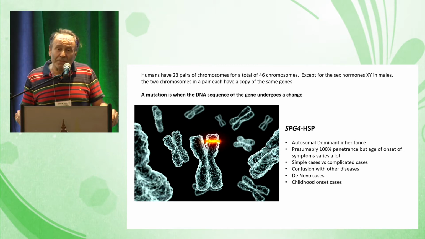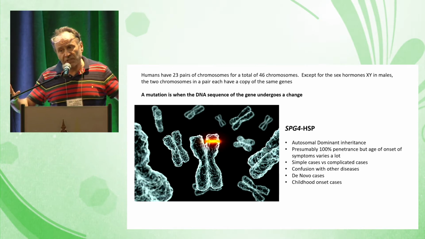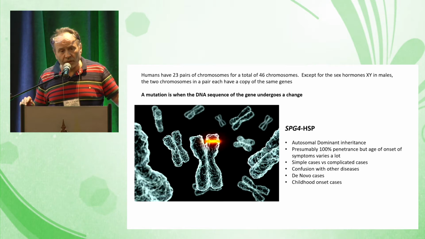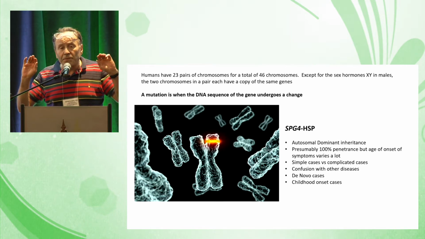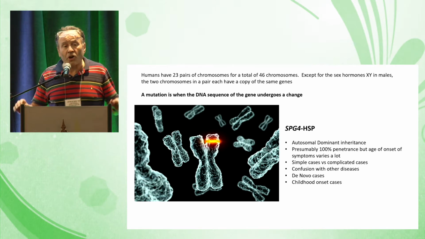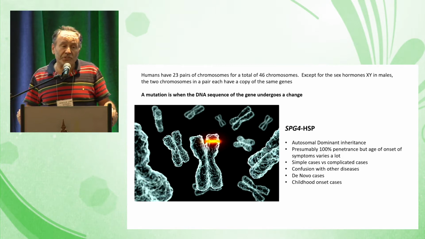So if you've got hereditary spastic paraplegia in your family, at some point along the way, a grandparent, great-grandparent, great-great-great-grandparent, someone had a spontaneous mutation in the Spast gene, and that caused hereditary spastic paraplegia, and that was passed on through the generations.